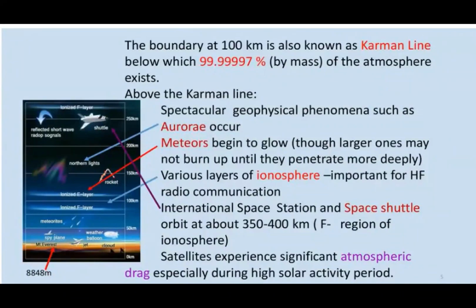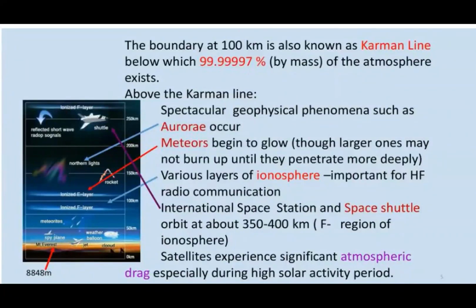Now, also technological systems like the International Space Station and the space shuttle orbit at altitudes of about 350 to 400 kilometers, which is in the F region of the ionosphere.